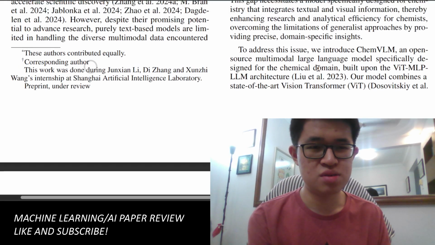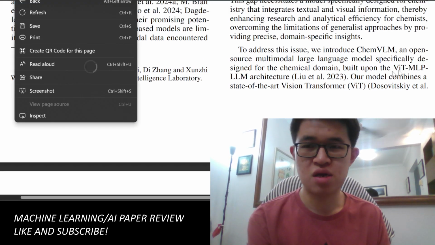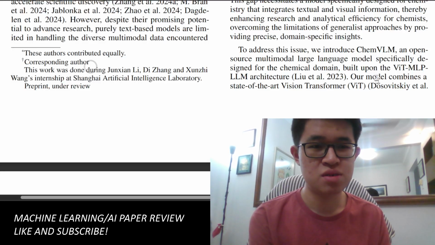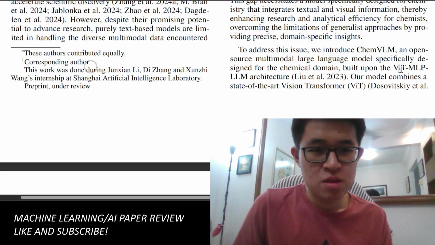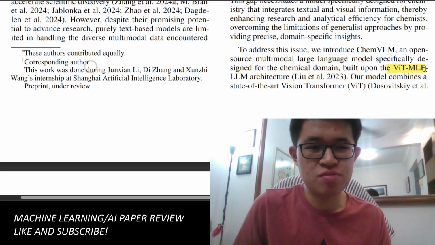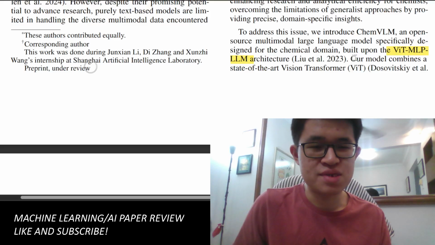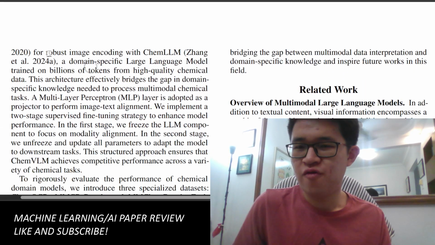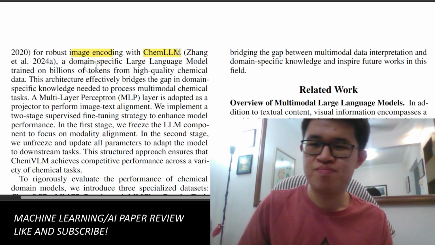Okay, so let's highlight this right now. Built upon the ViT-MLP-LLM architecture, the Vision Transformer Multilayer Perceptron LLM architecture. So their model combines a vision transformer, which everyone is using for image encoding, with ChemLLM.